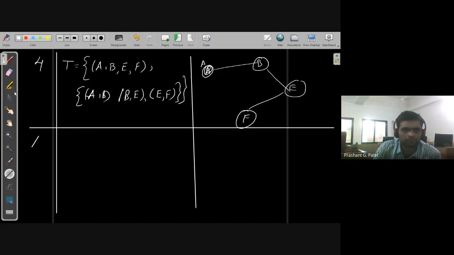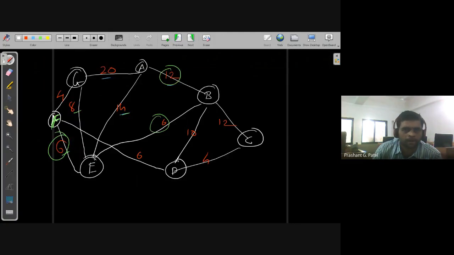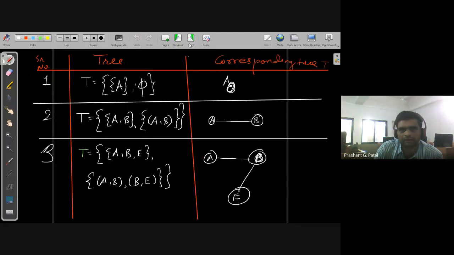Fifth. Now E to F we have traveled. Now you have to find out the edge incident to F which has minimum weight. There are two edges incident to F. The first one is FG, another one is FD. But FG is the minimum one, 4. So that we can add here.